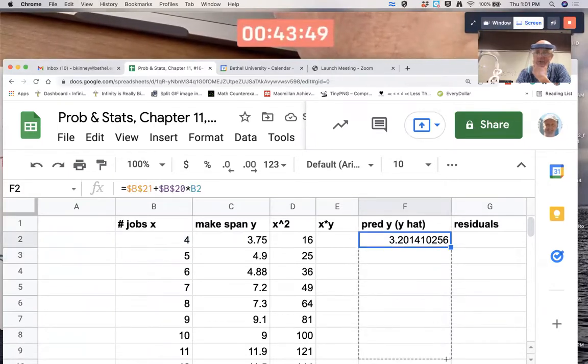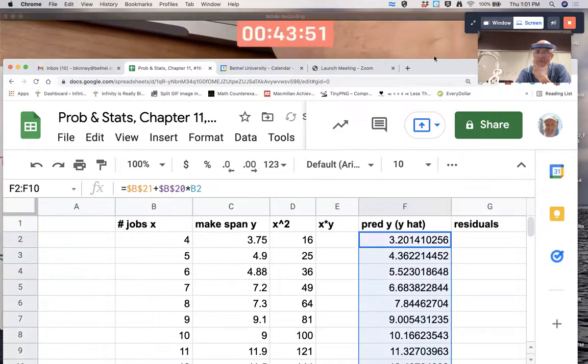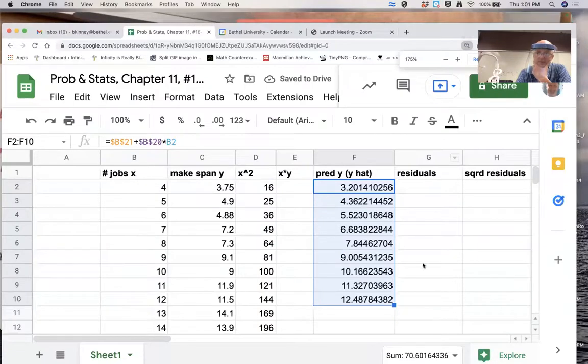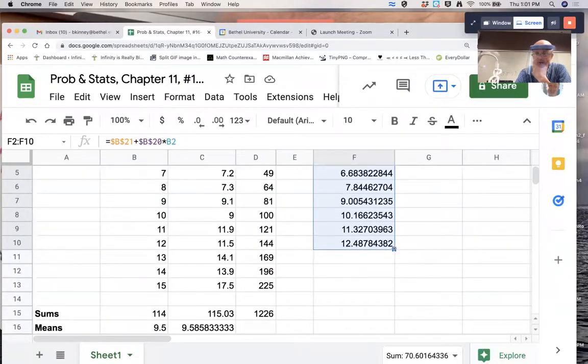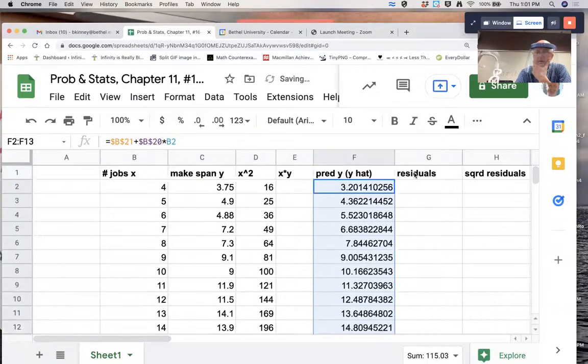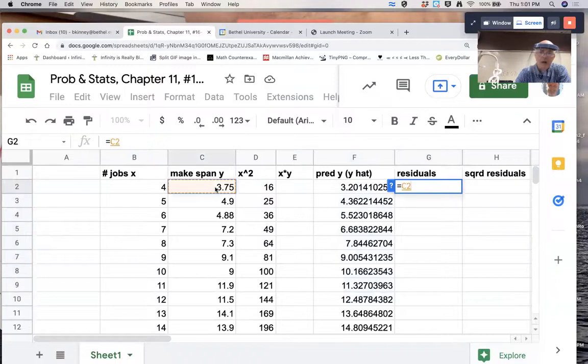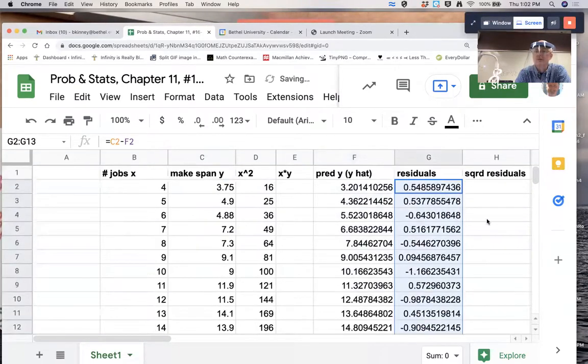These numbers should be close to the make spans that we actually observed, giving residuals that are somewhat close to 0. Compare these numbers with these numbers. Do a subtraction, y minus y hat, for the residuals. You get a bunch of numbers that are relatively close to 0. About half of them are positive, about half are negative.